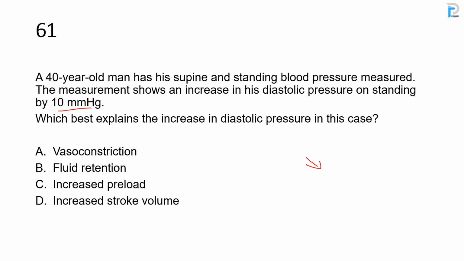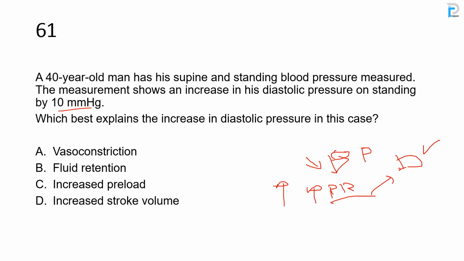But we have a compensatory response, and that compensatory response causes two things: tachycardia, an increase in our heart rate, and also an increase in peripheral resistance. Increase in peripheral resistance increases blood pressure, mainly diastolic pressure. So diastolic pressure is mainly affected by change in peripheral resistance. So that is going to increase diastolic.